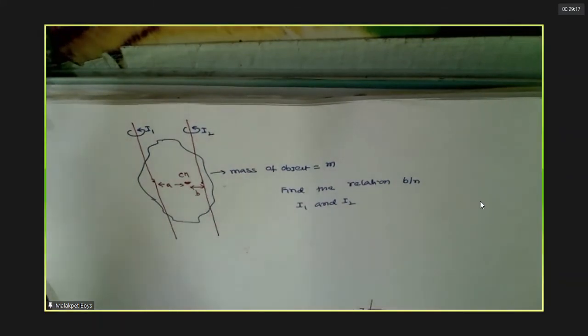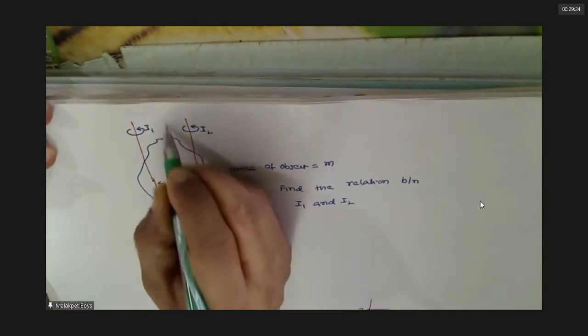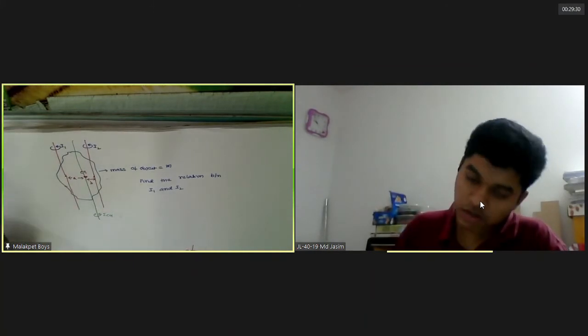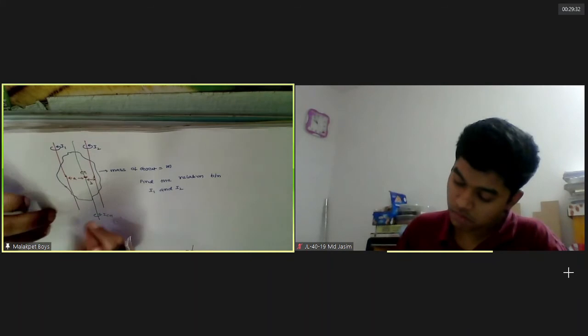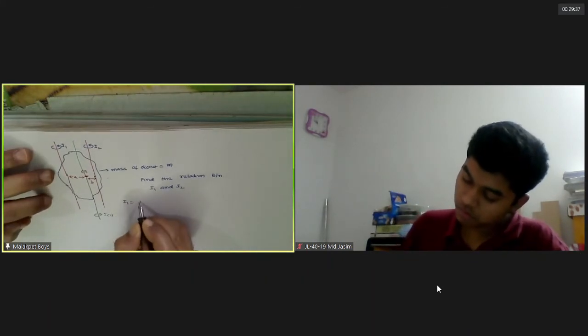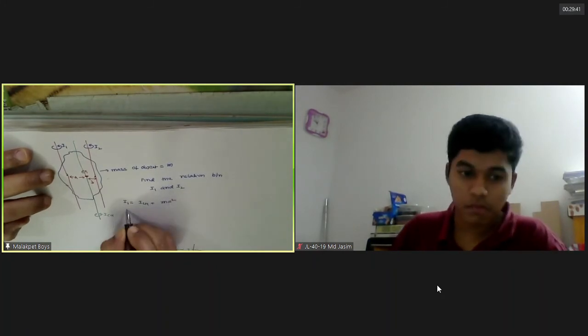See here, what you'll do? Take an axis like this. This is an axis, so I'll call it ICM now. Now I'll be using the parallel axis theorem for this set. I1 is ICM plus mass of the body into h square.